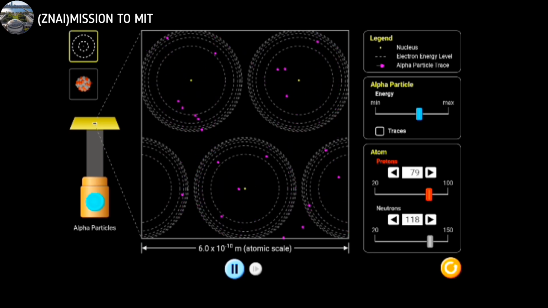Now let me take the property of the alpha particle. What is the property of the alpha particle? The alpha particle carries 2 plus, which means it carries a positive charge. If it is deflected, meaning repelled, it means some positive charge came in the path of the atom.